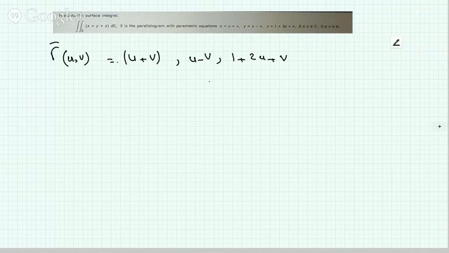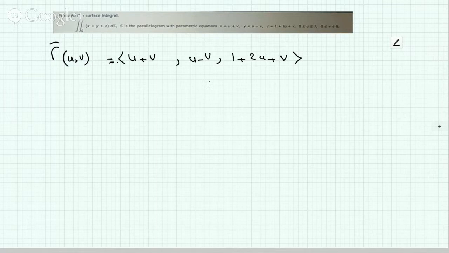So instead of writing ijk, I'll just write it in a vector notation. And we are given the bounds on u and v.